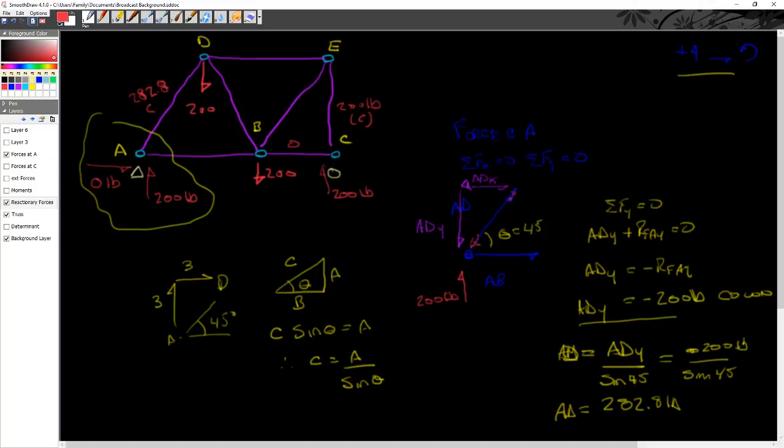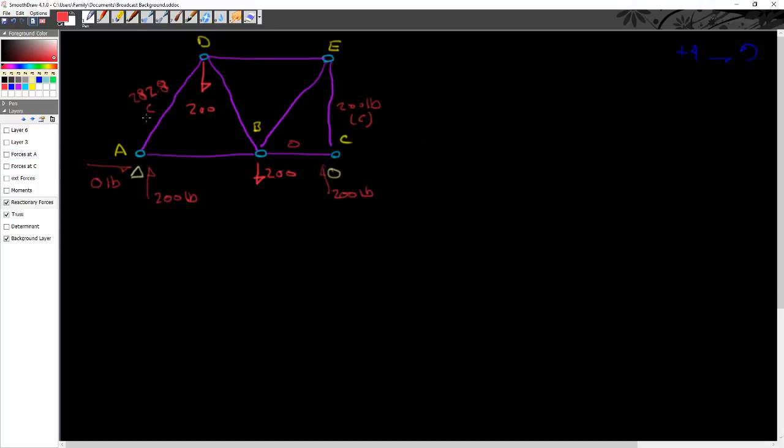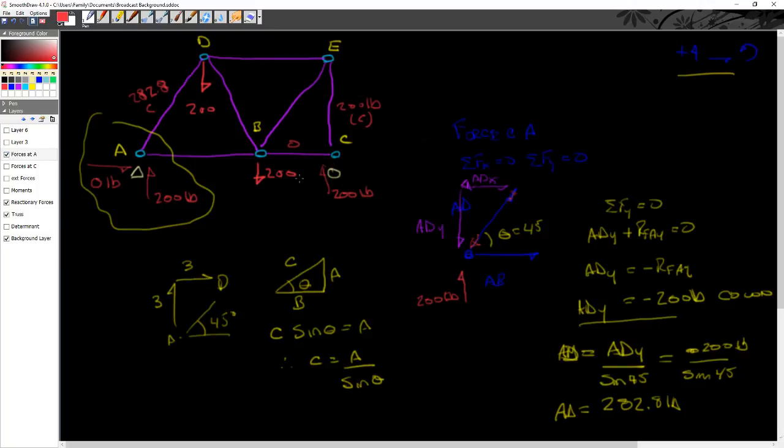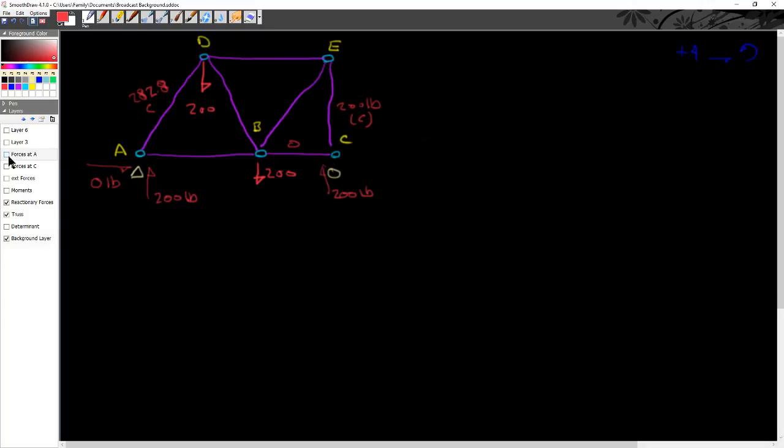All right, so what I've done now is solve for my reactionary forces on the outside of the diagram, and then I've started going point by point. I'm not quite done with A, but I have found AD. So now that I've found AD, I can carry this forward and say, if that's 282.8, I know what the vector AB is going to be.